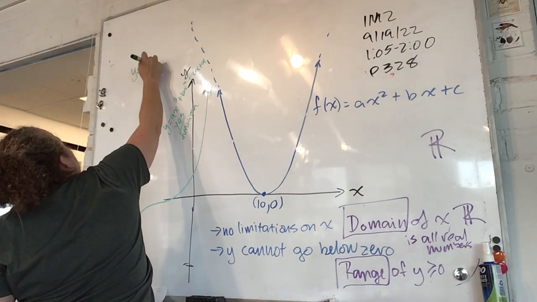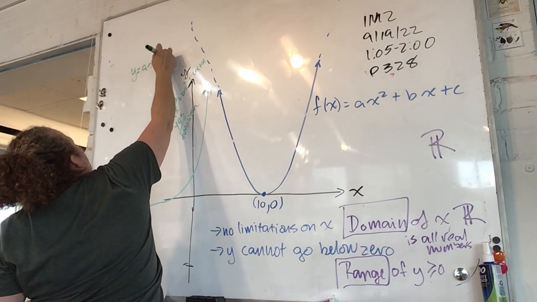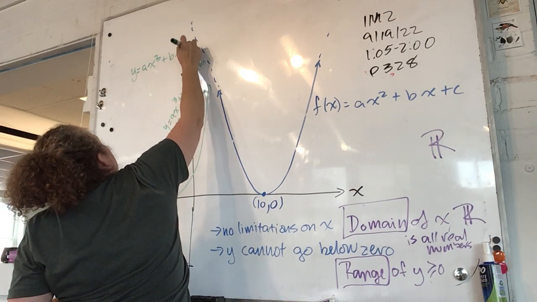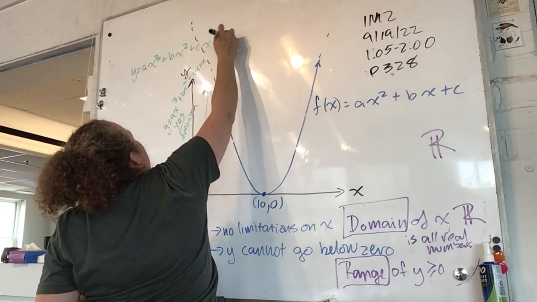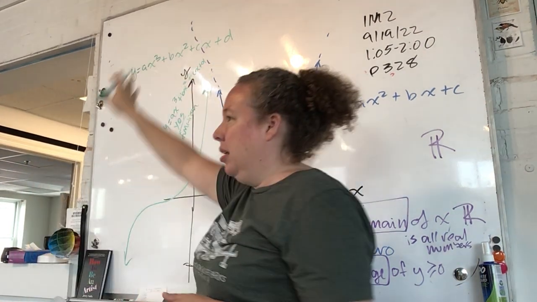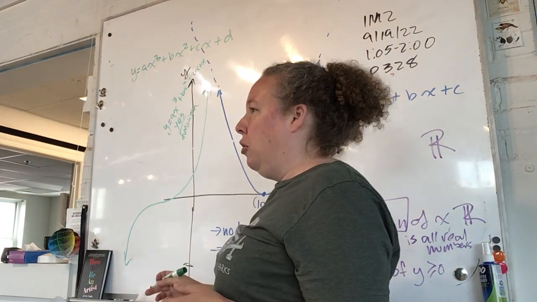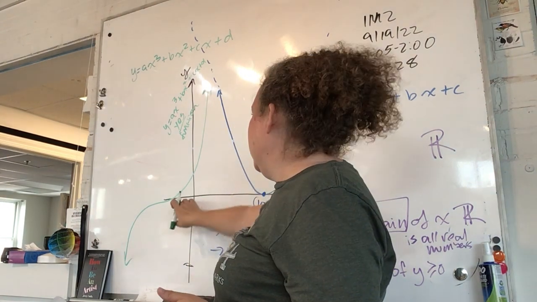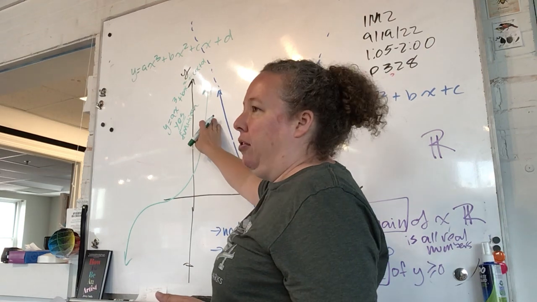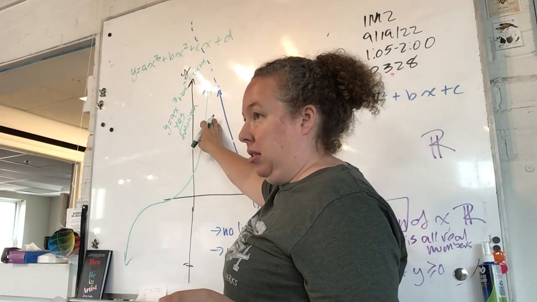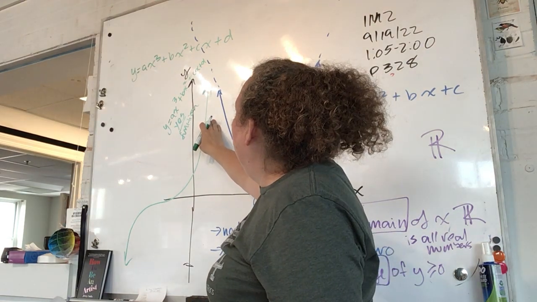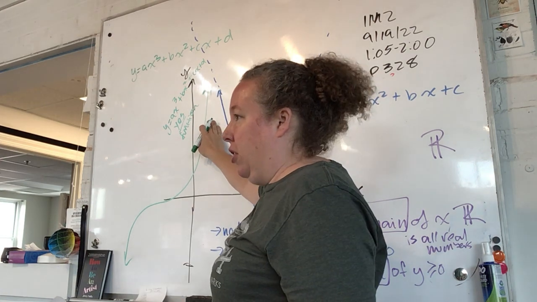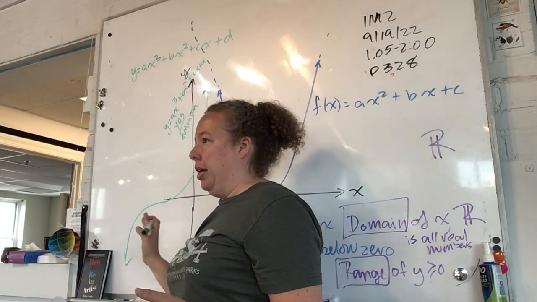This is y equals ax cubed plus bx squared plus cx plus d. So this is a cubic equation. This was the graph of when we did the volume of the boxes. This is a function. This passes the vertical line test.